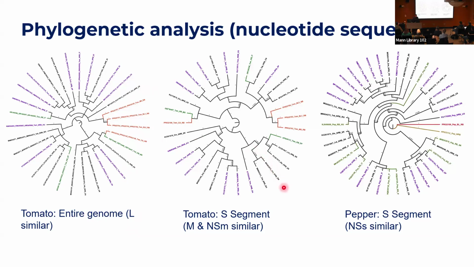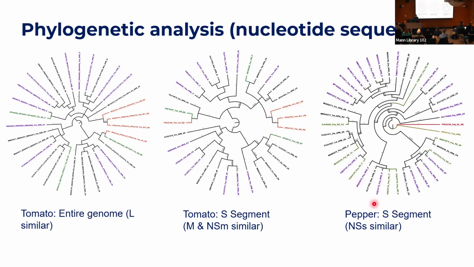With the S segment, based on nucleotide sequences, again, M and NSM, the clustering was different. We had 3 isolates that grouped together, whereas the TOM-CA, the one that I mentioned earlier, was divergent, and actually clustered together with the TOM-MX isolate, which was from a different group.